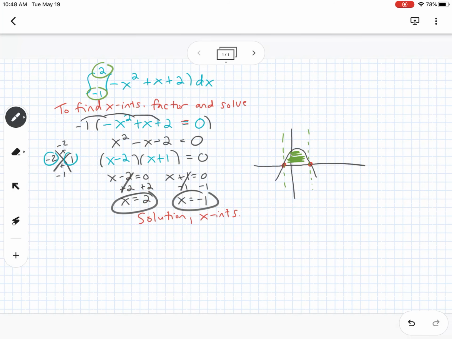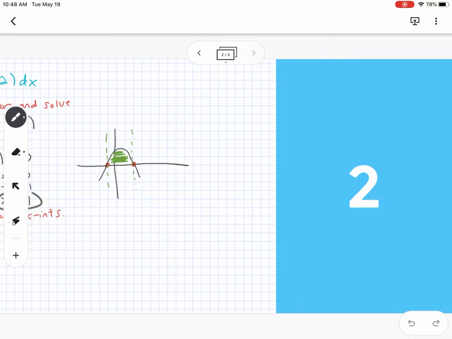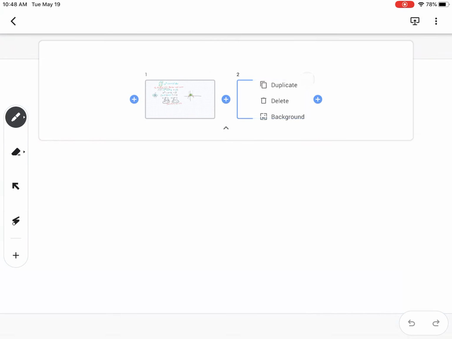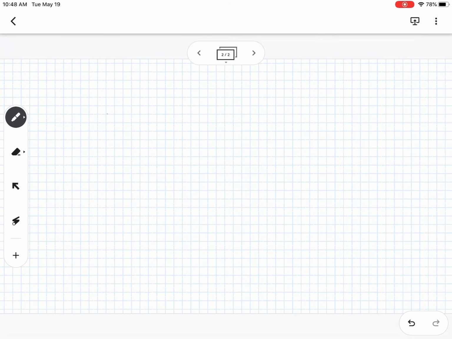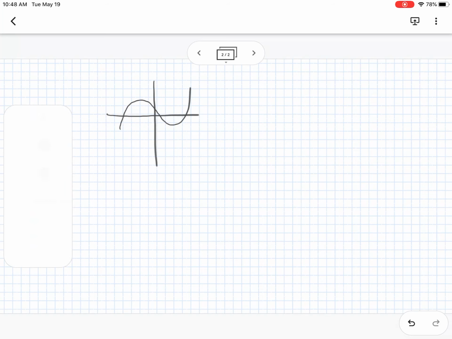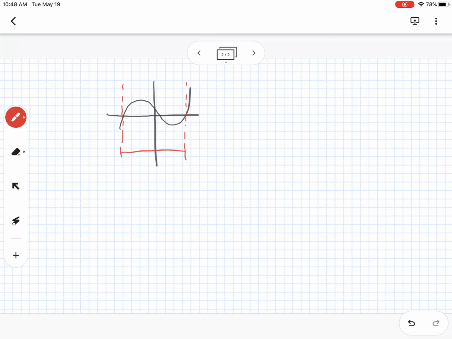The only reason why you would sometimes want to graph it is in a scenario where you do the same thing with the factors and everything. Imagine if you had something like this, and let's say the boundaries to find the area would be between these two, like -4 and maybe 3 or something.